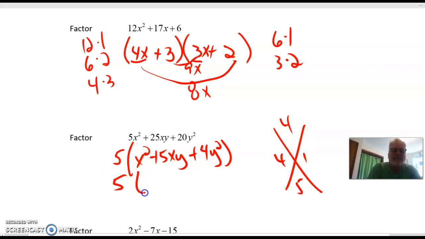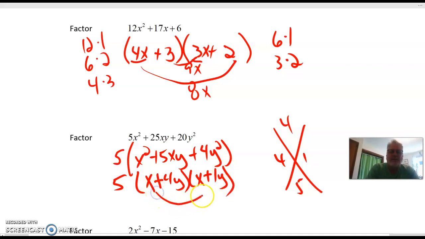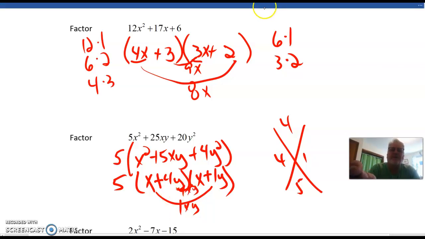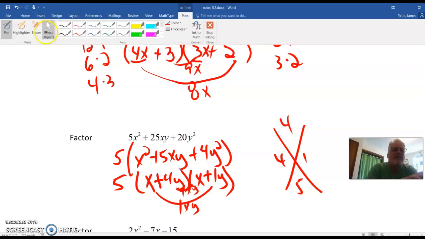So this is 5 times x plus 4y, and x plus 1y. If you want to double check it, you can. The outside gives you 1xy, and the inside gives you 4xy, which adds up to be 5xy. So that does work.